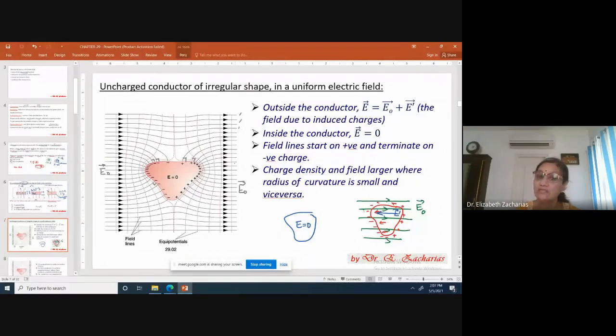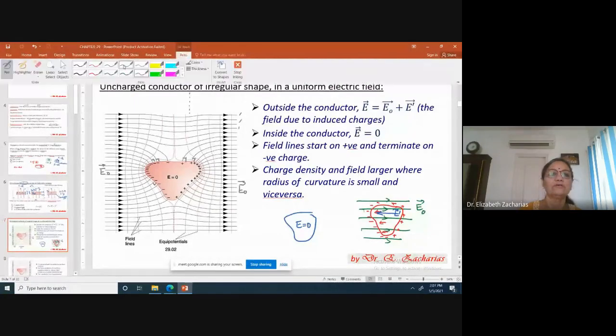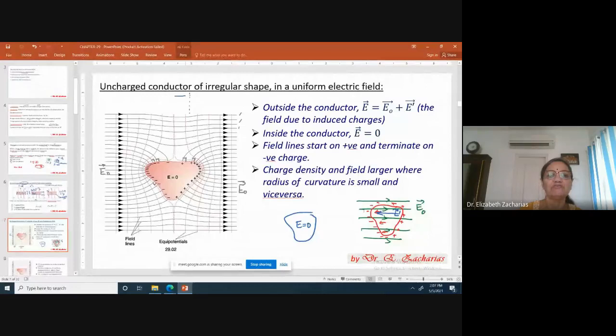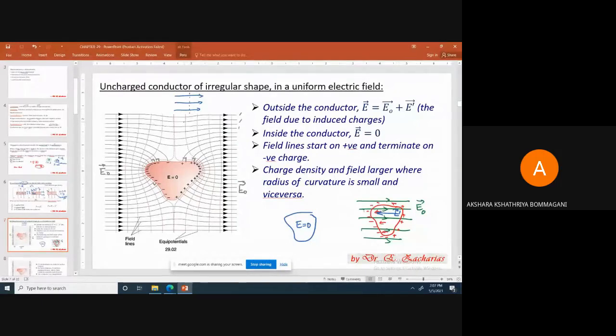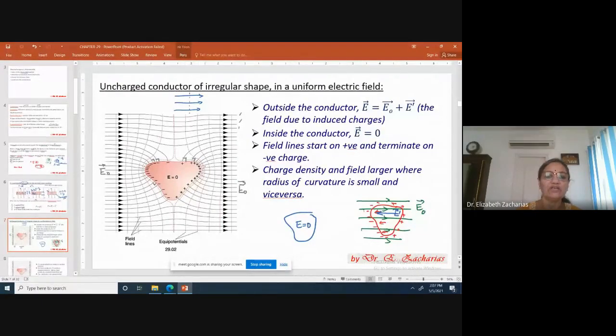Okay. And in the last chapter, I didn't teach you that chapter, but in the last chapter, you have seen that equipotential surfaces are always perpendicular to the electric field at every point. Yes or no? Yeah. So because of that, you look at the equipotential surface here.